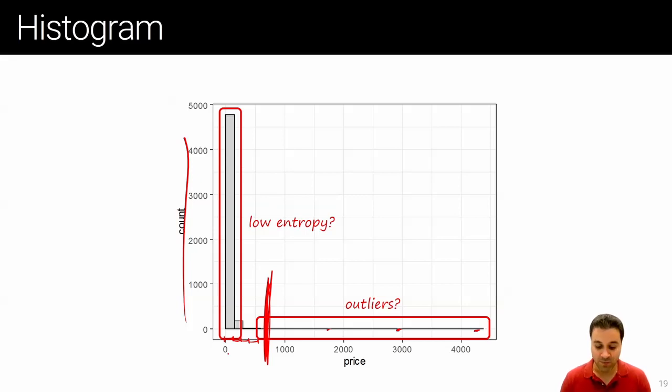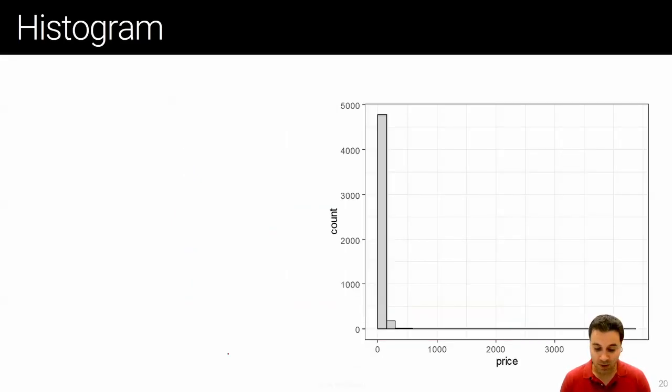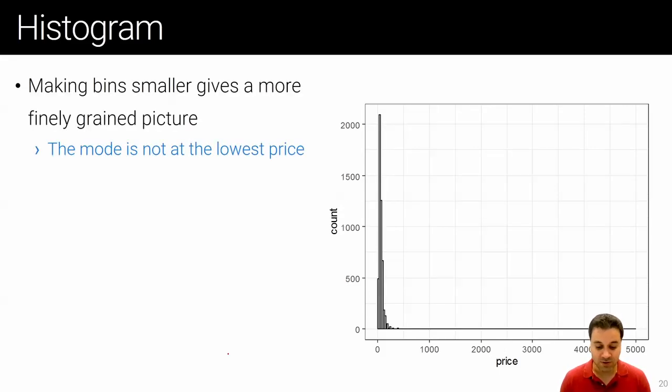If we want to have a better picture of it, we are going to have to tweak it just a little bit. Let's see. So over here we have the histogram. The first thing we could do is just make the bins smaller so that we see a finer detail of what the distribution looks like. And so what we see here is that the mode, which appears to be around there, it's actually not at the lowest price.